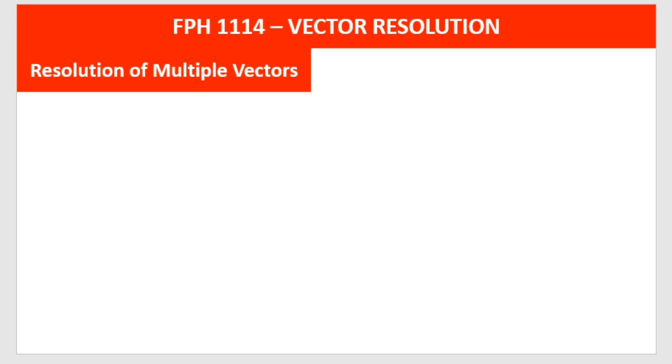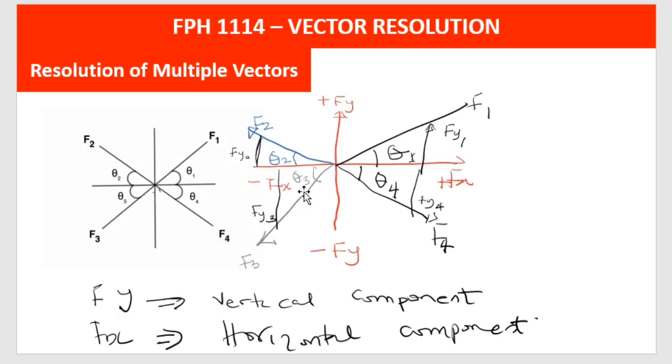So on the horizontal resolution, now if you recall the first diagram that we have here, we have Fx minus, we have Fx plus. So we have to resolve the entire of this thing again to the x component.